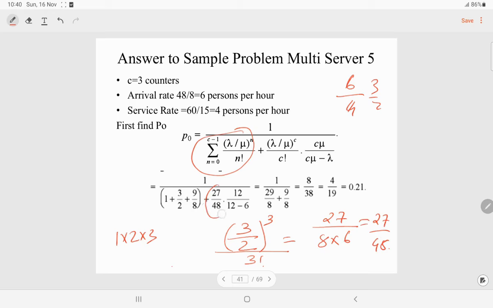So this is how this particular value comes. Into C is equal to 3, mu is equal to 4, that is 12, divided by 12 minus lambda, which is 6. So this term. From that we found out P0 is equal to 0.21.